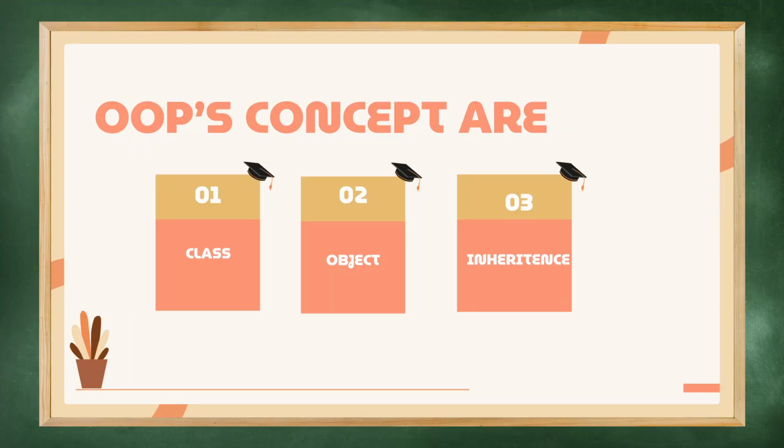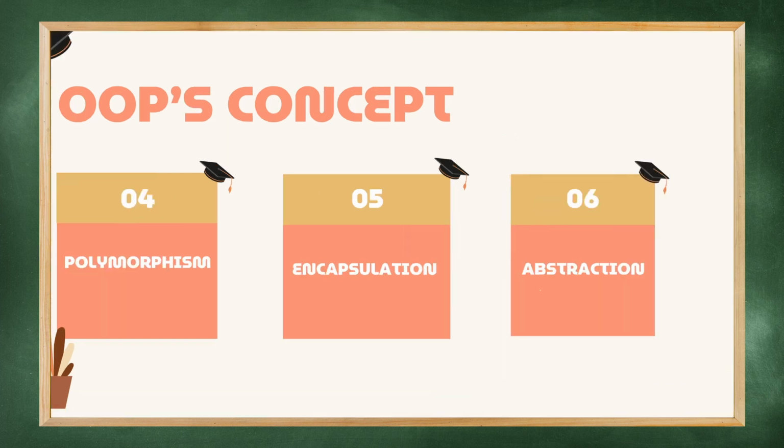First is class. Second is object. Third is inheritance and fourth is polymorphism. Fifth is encapsulation and at last sixth is abstraction.